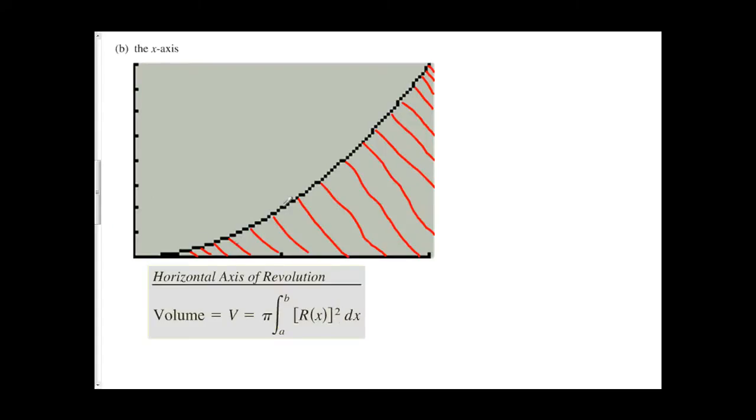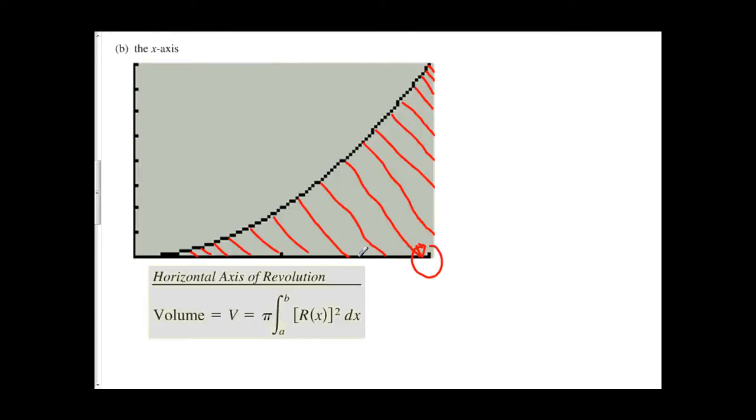Okay, part B is to revolve about the x-axis. So we're revolving about this axis now. So when we draw our representative rectangle in this case, the radius of the disk that it would create should be perpendicular to the x-axis.